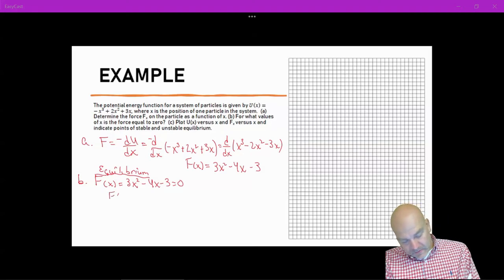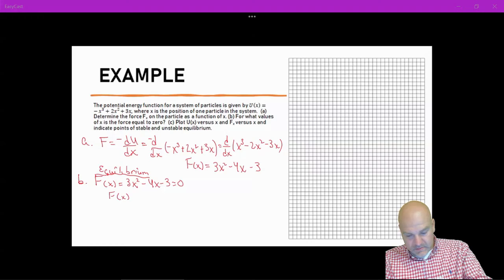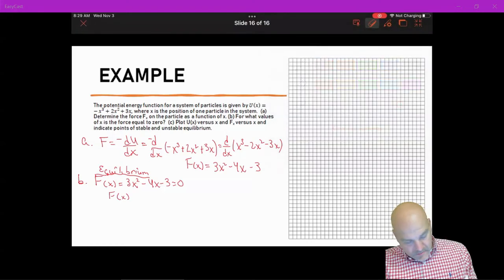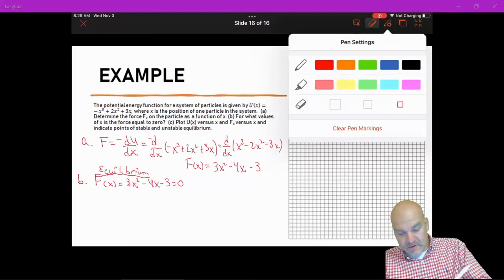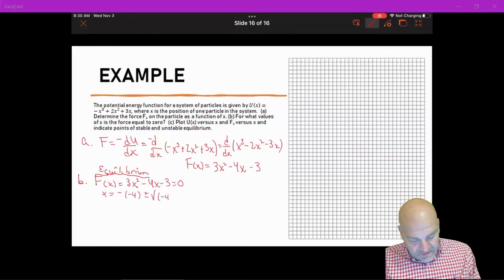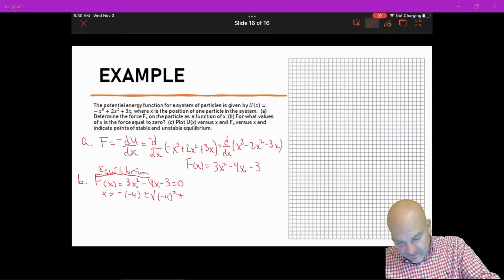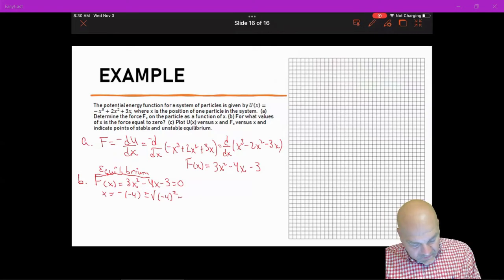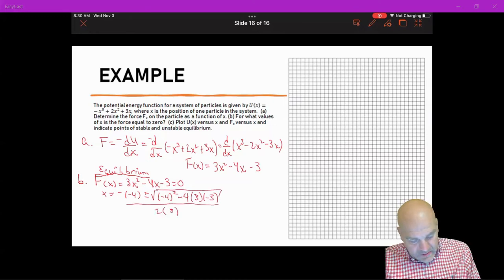Okay, and so what we could do is use good old, not Pythagorean theorem, but the quadratic equation. So negative b plus or minus the square root of b squared minus, not a plus sign, minus 4 times a times c, all divided by 2a.